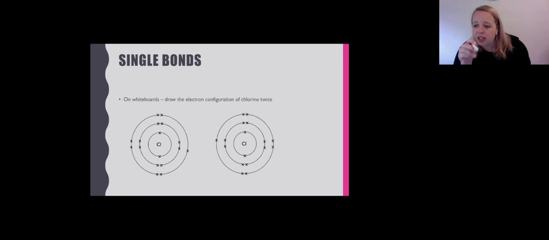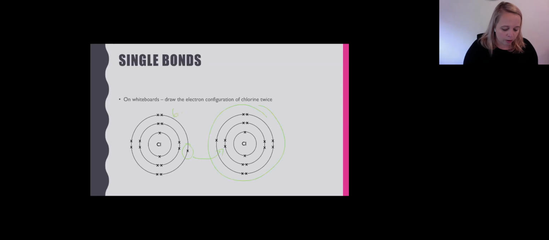However, to achieve this octet configuration, when 2 chlorine atoms wish to form a molecule, they can't give an electron to the other. You can't have 1 electron here go over to chlorine. Yes, that will satisfy this chlorine, it'll make it a full octet, but this one will only have 6 valence electrons. And if you've only got 6 valence electrons, you're not happy.